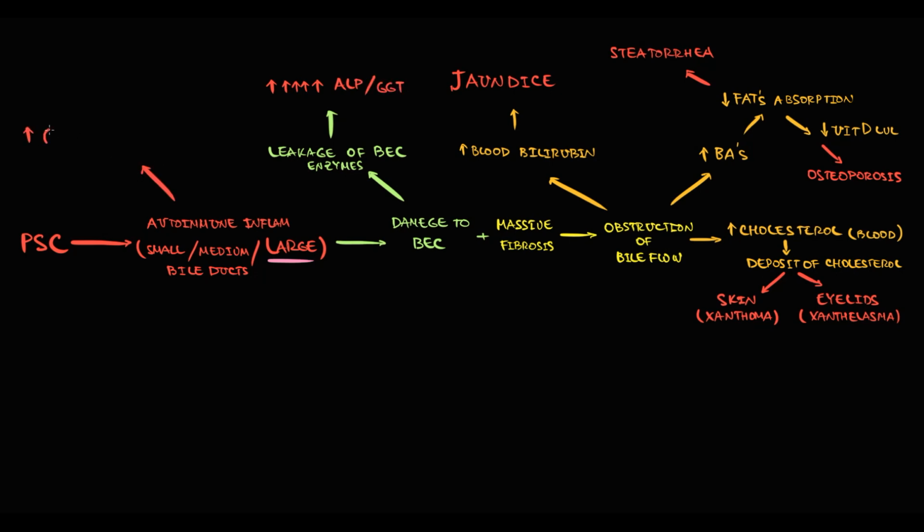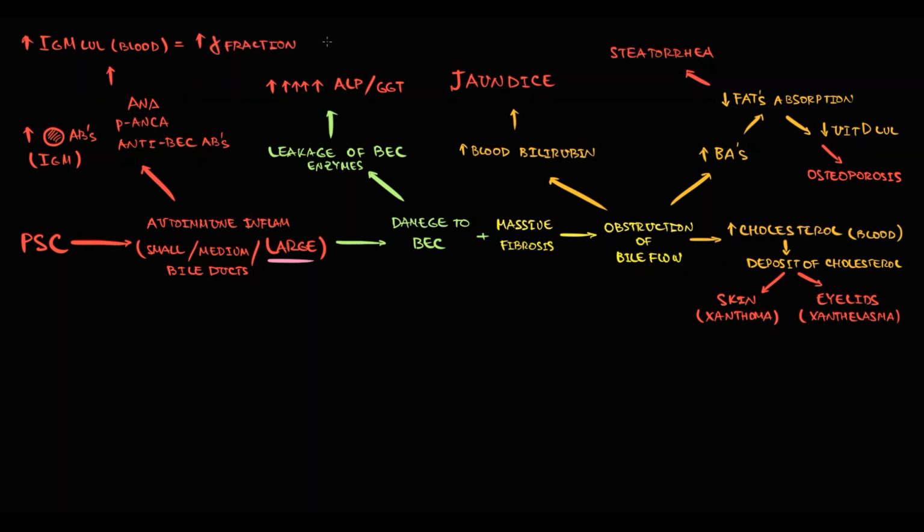As we know, autoimmune inflammation occurs by production of antibodies, such as ANA, pANCA, and antibiliary epithelial cell antibodies. They all are immunoglobulin M antibodies, and antibodies belong to the gamma fraction. So the elevation of immunoglobulin M antibodies in the blood with increase in gamma fraction of proteins on electrophoresis is an important diagnostic feature.